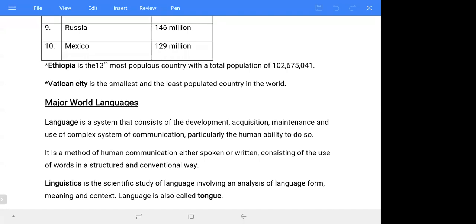How many countries do we have in North America, independent countries? Afome, are you there? 23. 23, yes? Then the highest mountain in Antarctica, or the highest place in Antarctica, that's better.